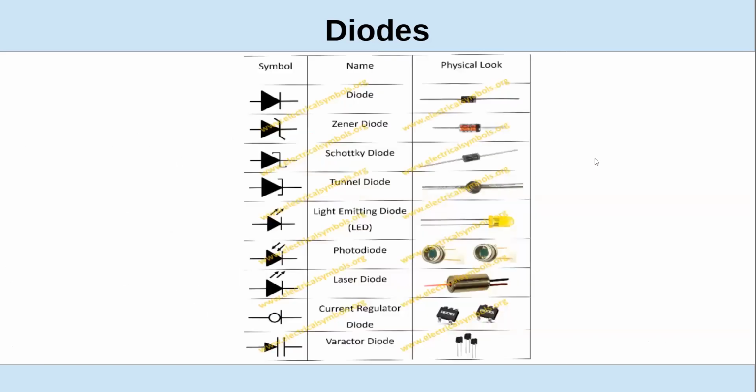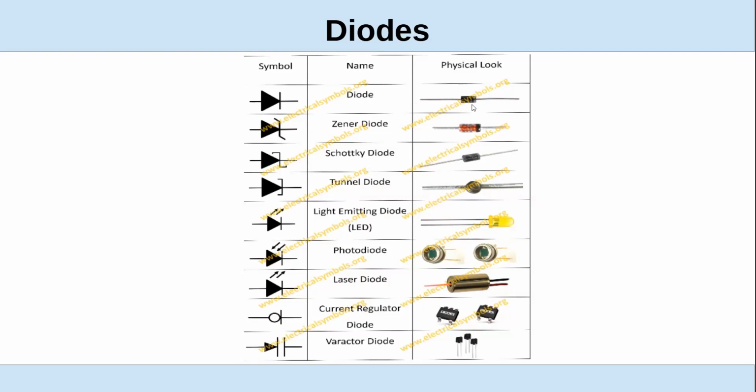Okay. For people that aren't familiar, here's a collection of modern diodes, the symbols that are used to identify them on schematics, which are also exam questions, and what they physically look like. So your standard diode is just a filled-in triangle with a line representing the cathode.